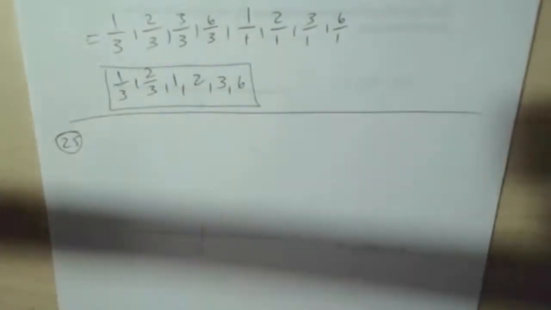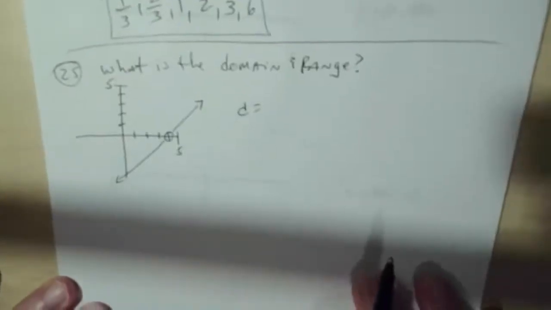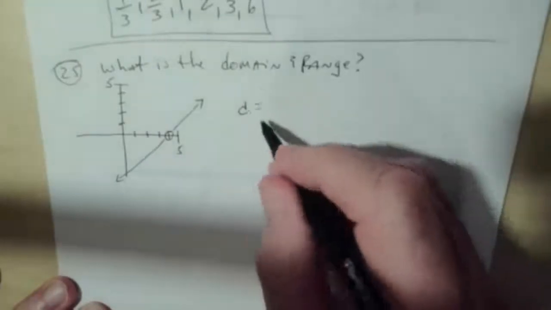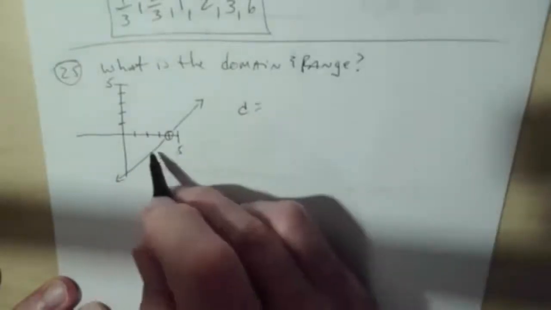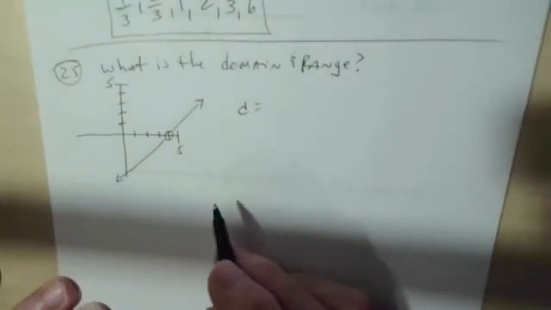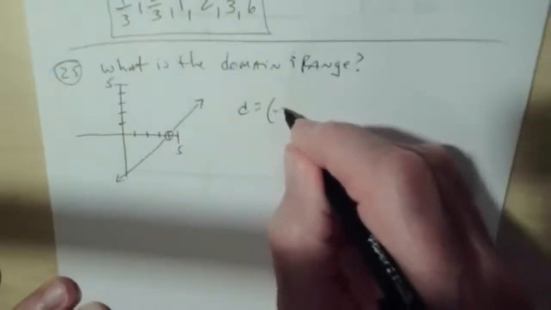Number 25. What is the domain and range of this graph? Our domain goes from the smallest number. Domain, again, is side to side. It's the x's. So how far to the left does this go? Negative infinity.